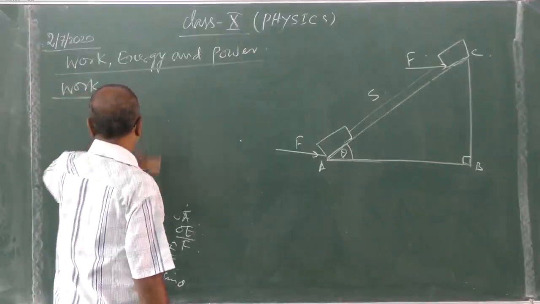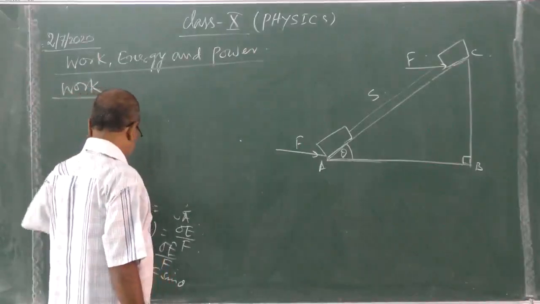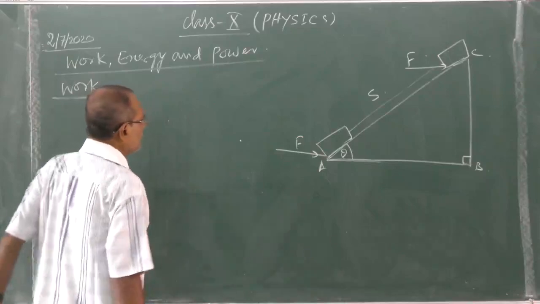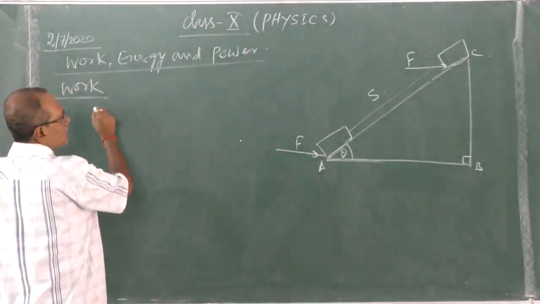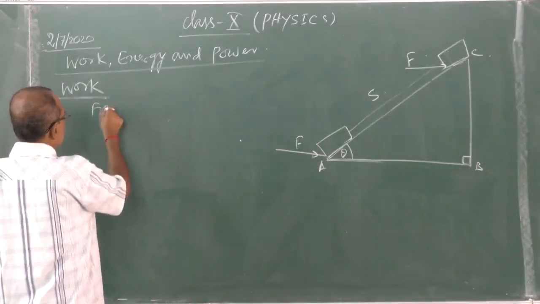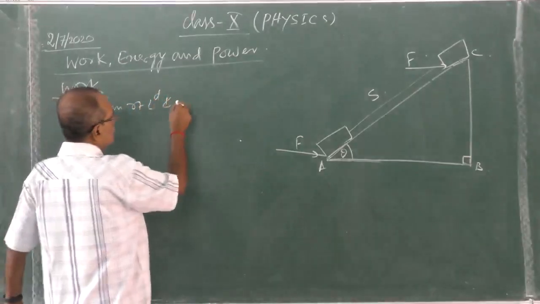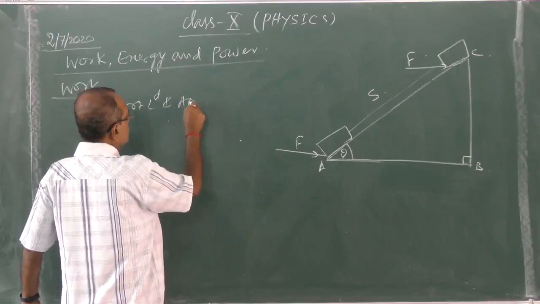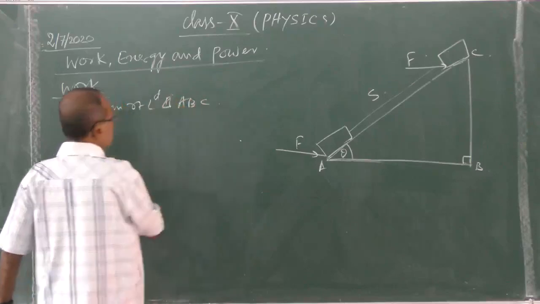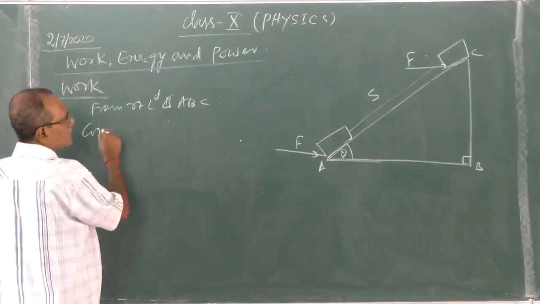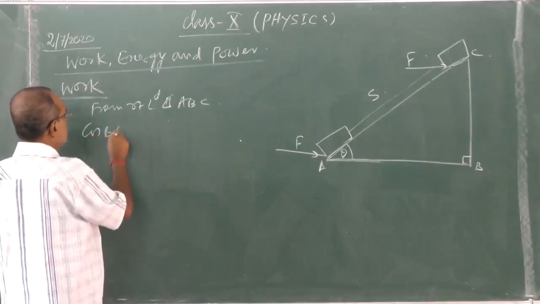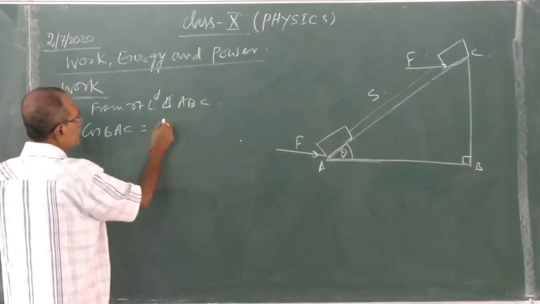Find the component of displacement. From right angled triangle ABC, cos BAC equal to what?